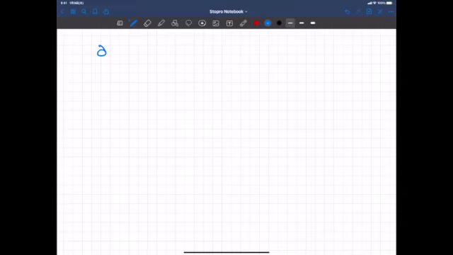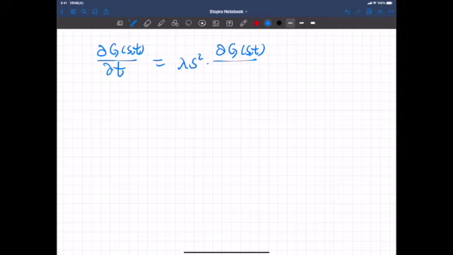The left hand side is the derivative with respect to time, which is equal to lambda s squared times the derivative of g of s, t with respect to s, minus lambda s times the derivative of g of s, t with respect to s.